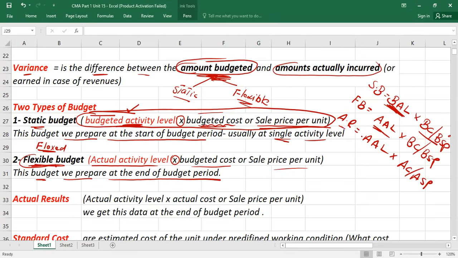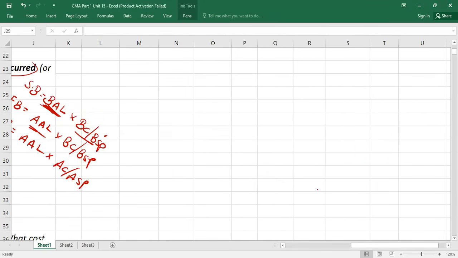Now I'm going to tell you a difference. I'll explain, don't worry. I told you we have a static budget and here we have a flexible budget. And in between, I'm just writing, for example, actual results. If I compare static budget with the actual results, this is also variance, because variance is the difference. If there is any difference between static budget and actual results, this is also variance.